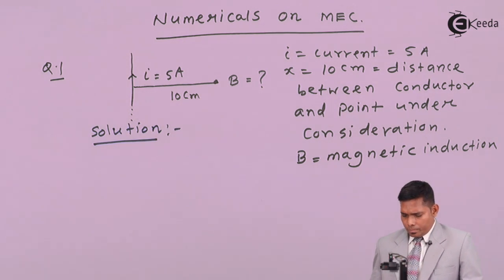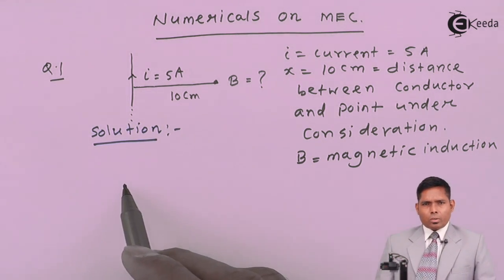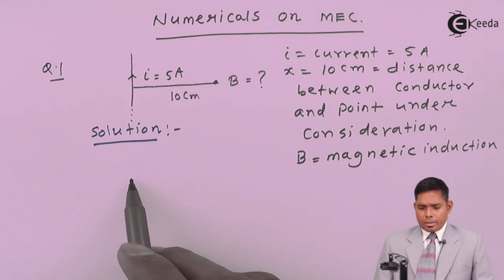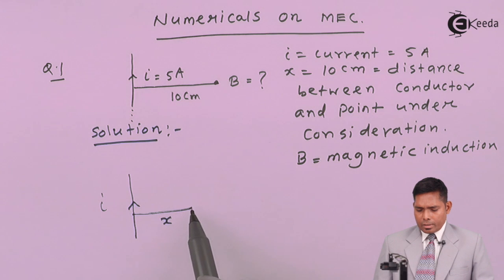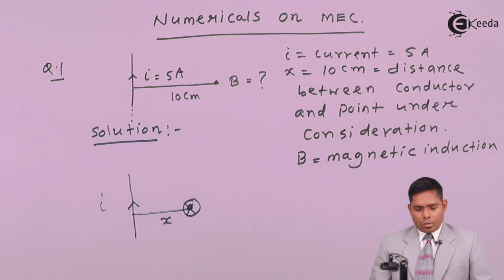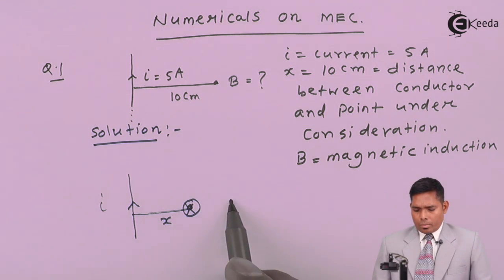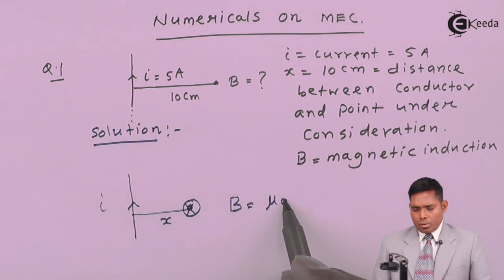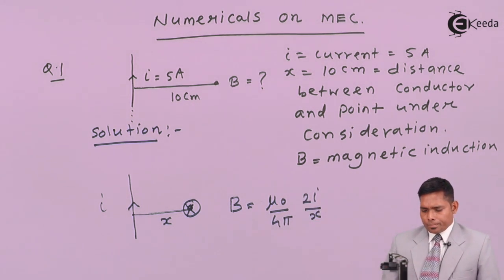Now the formula for magnetic induction due to a straight conductor carrying current I at a distance x is given by: this side will be cross, this side will be dot, this side it will be cross. The magnetic field will point out of the page on one side and go into the page on the other side. Magnetic field is mu 0 upon 4 pi times 2I divided by x.